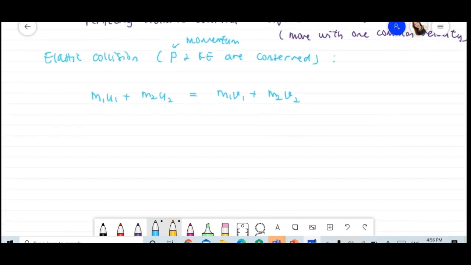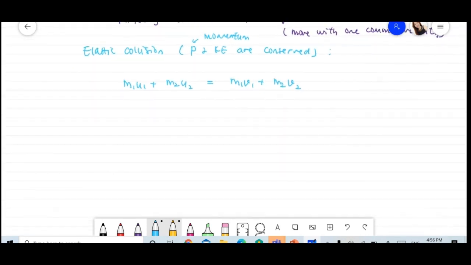Then for elastic collision, the kinetic energy is also conserved. Therefore, half m1 u1 squared is the initial kinetic energy for the first object, and half m2 u2 squared for the second object. It is equal to half m1 v1 squared plus half m2 v2 squared. Now I'm trying to derive another expression in linear form so that you can use it for elastic collision.